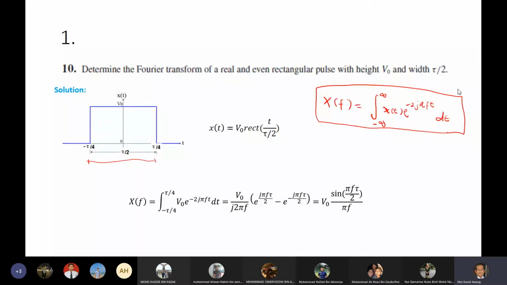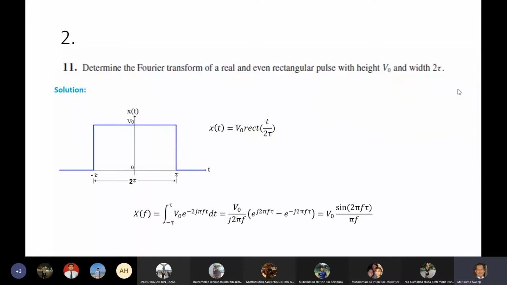So this is the first one. The second one is also similar. The only difference is that the width is changed to 2 tau. So the same thing. X of f is equal to the integration from minus infinity to infinity of x of t e to the minus 2j pi ft dt.